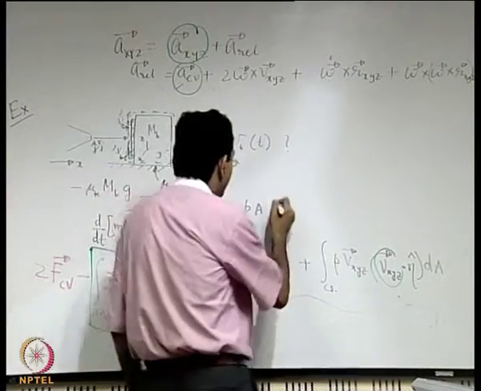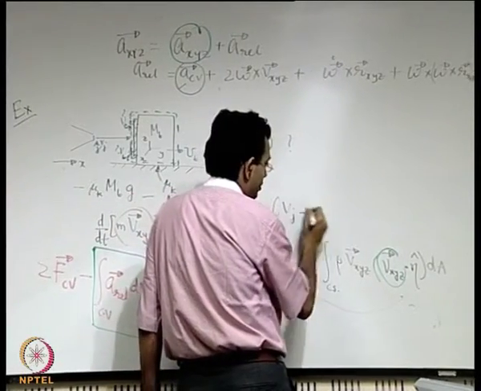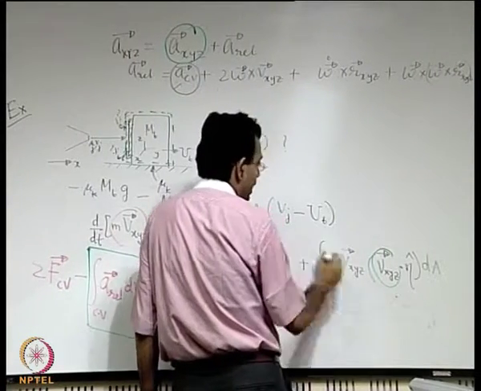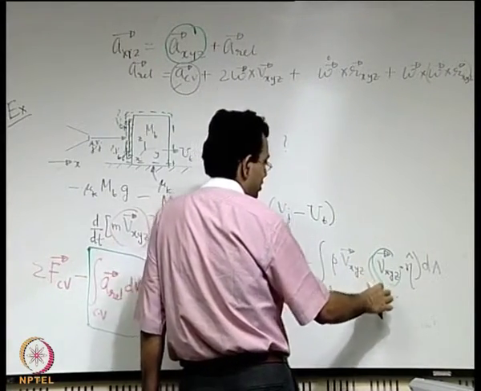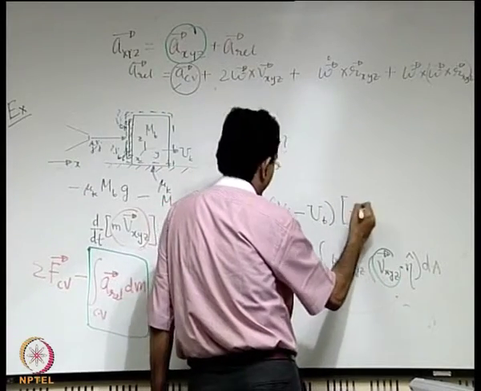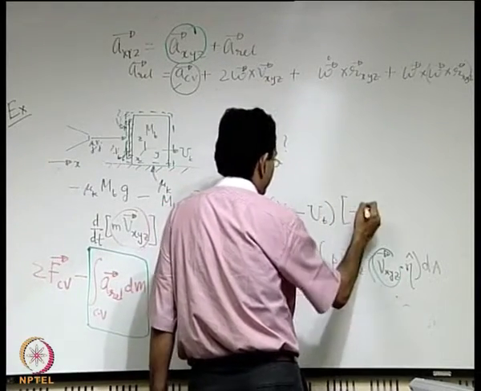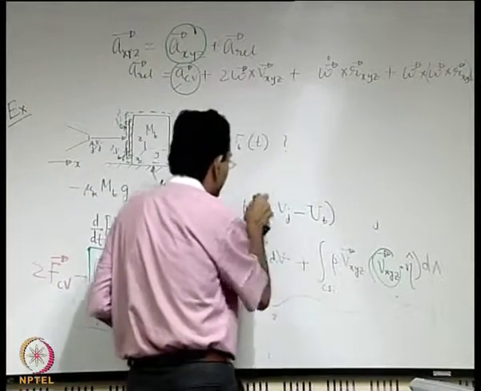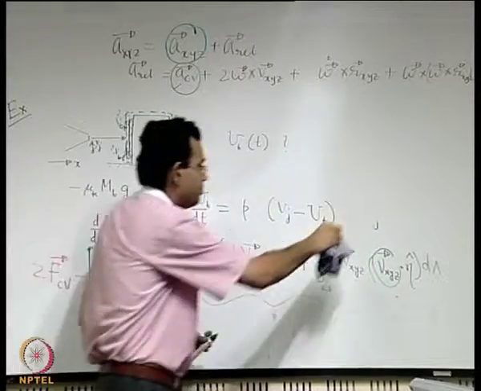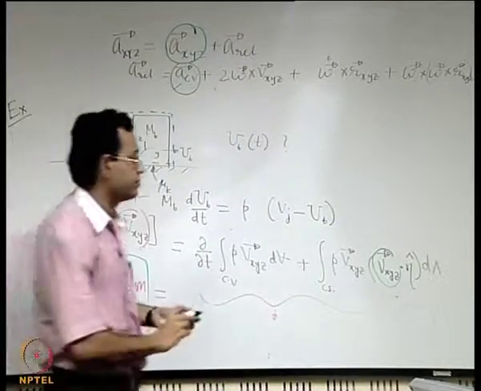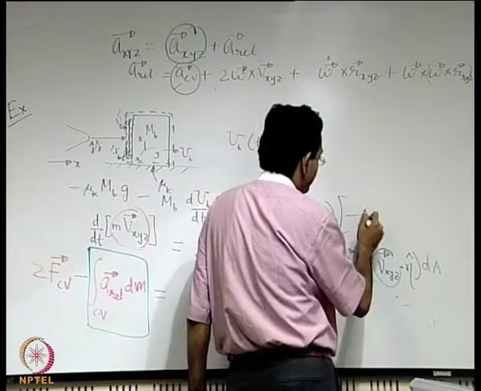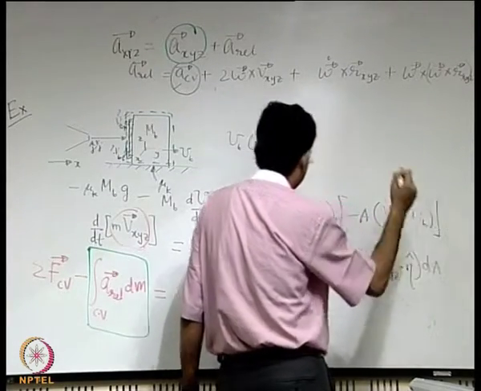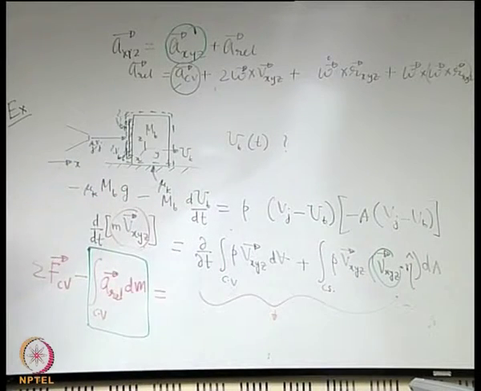So Vj minus ub, and then minus Vj, or if you want to put the minus sign properly, then this is minus of A into, that is the flow rate, Vj minus ub, okay.